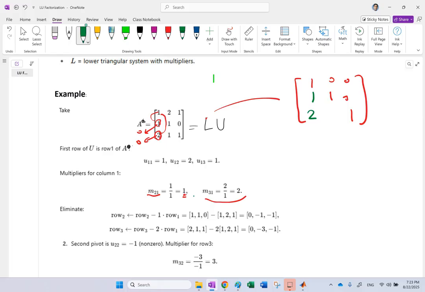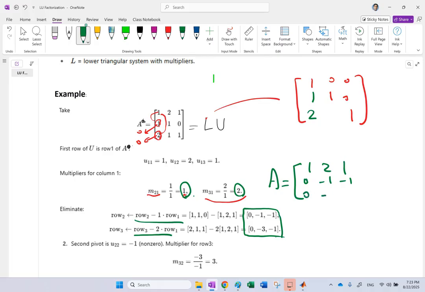Okay, so already I found most of the L. And then, of course, I multiply row number 1 by this number, subtract it from row 2, multiply row 1 by this number, subtract it from row 3. If I do that, my last two rows are this. So at this point, your A matrix is turned into 1, 2, 1, and then 0, negative 1, negative 1, and 0, negative 3, and negative 1.